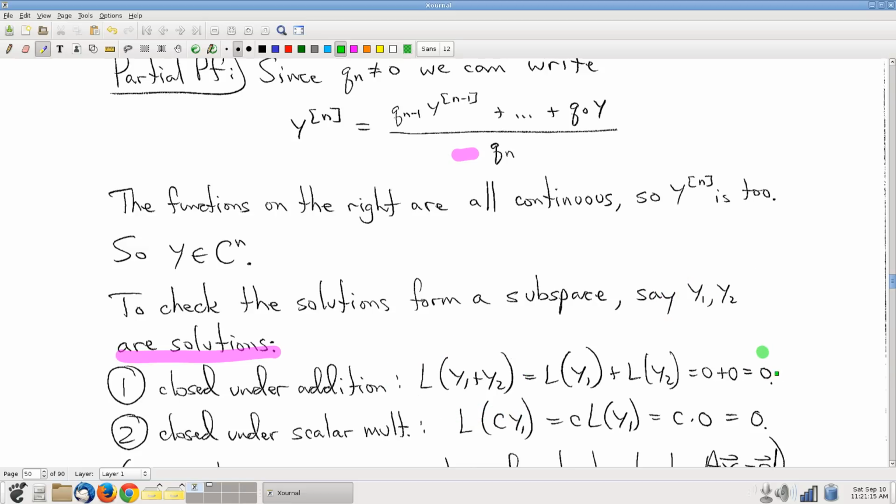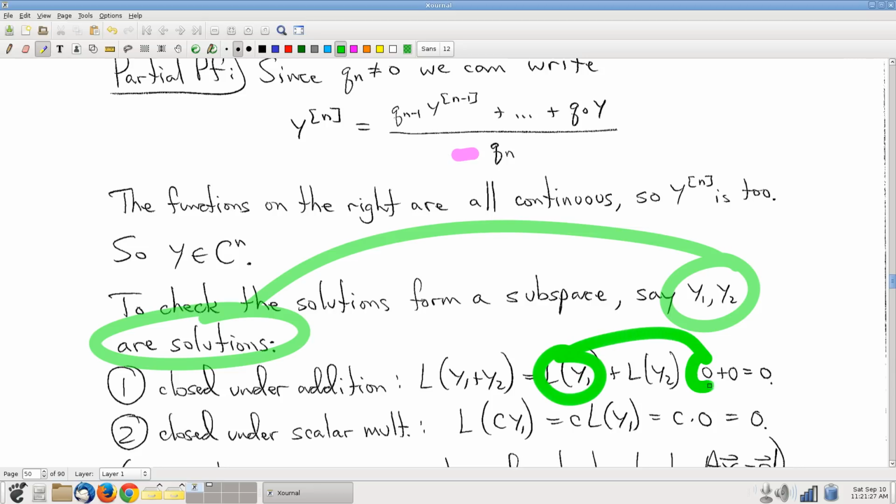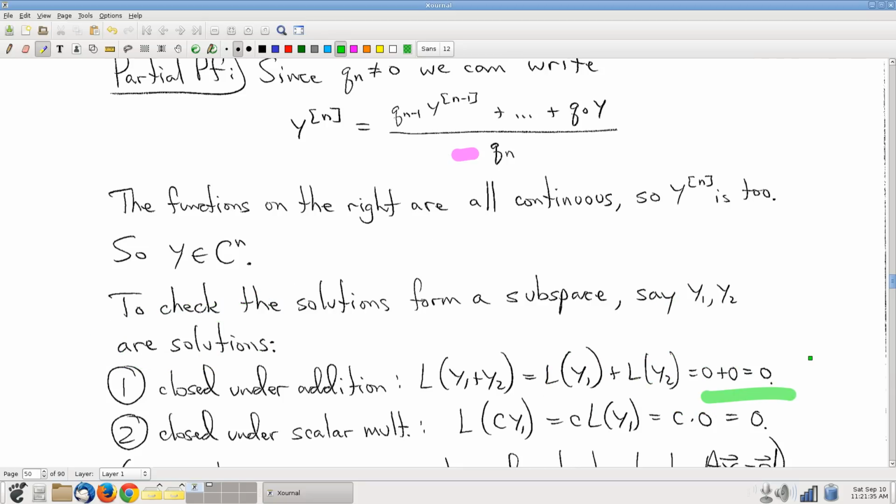Okay, so how do I know that that is actually true? Well, by linearity, I know that L(y1 + y2) = L(y1) + L(y2). And given that y1 and y2 are solutions, y1 being a solution gives me that L(y1) = 0, and y2 being a solution gives me that L(y2) = 0. And of course, 0 plus 0 is 0. And so as required, y1 plus y2 is a solution.